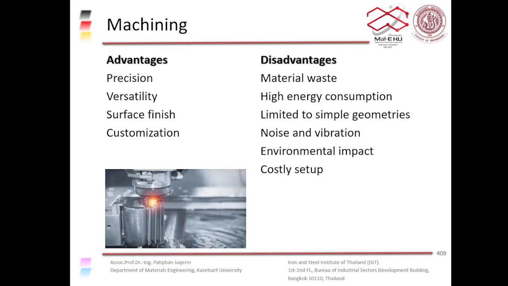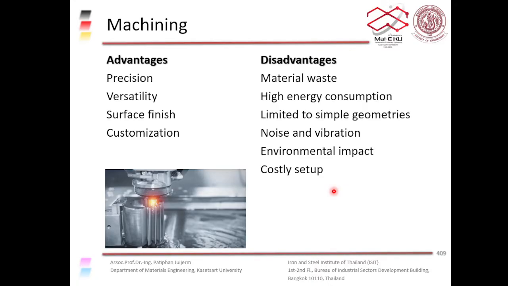Okay, and the machine itself is quite expensive, so you have a costly setup. So an expensive machine together with the high waste, etc. makes the component, the workpiece that you get from the machining process, quite expensive, right?